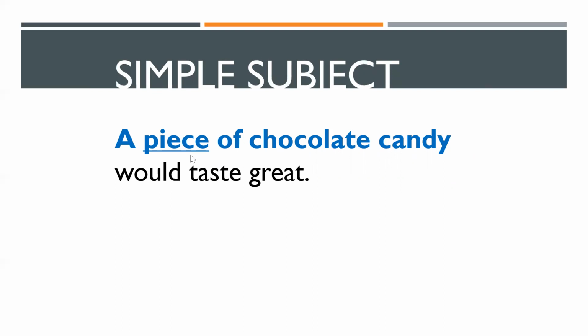Okay, I repeat once again that if we have of in the subject, we take the last noun before of as the main noun. Or the simple way I can say in bahasa is sepotong permen coklat, so sepotong. Sepotong apa? Permen. Permen apa? Coklat. Gitu.